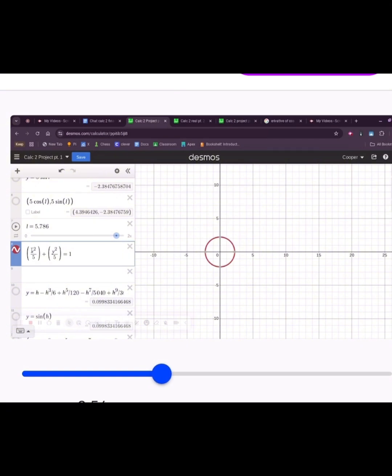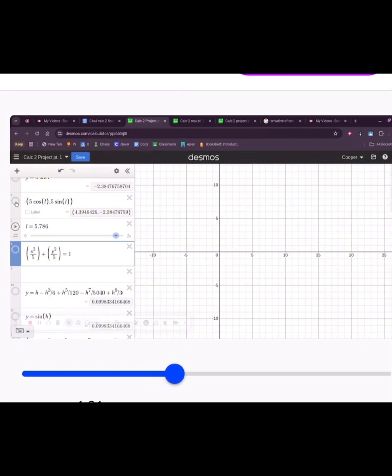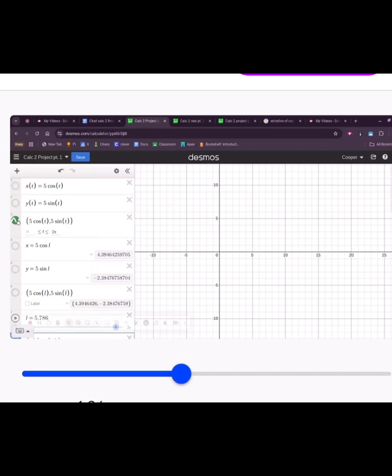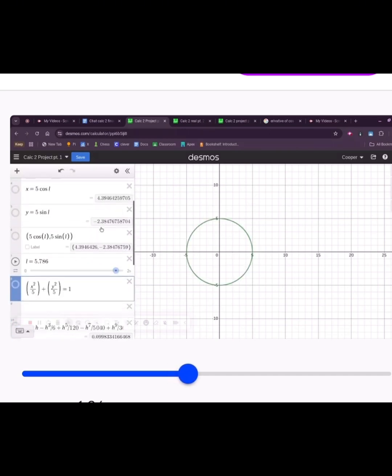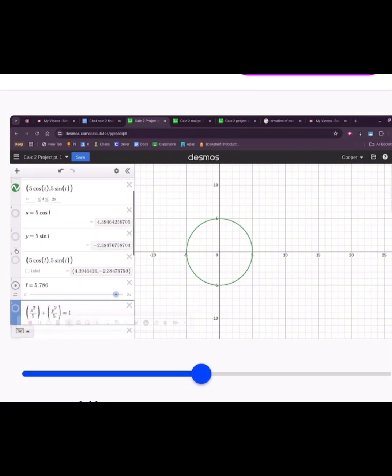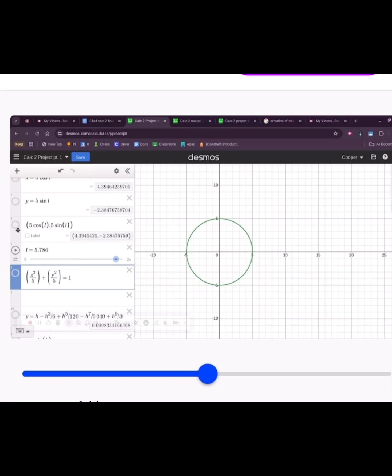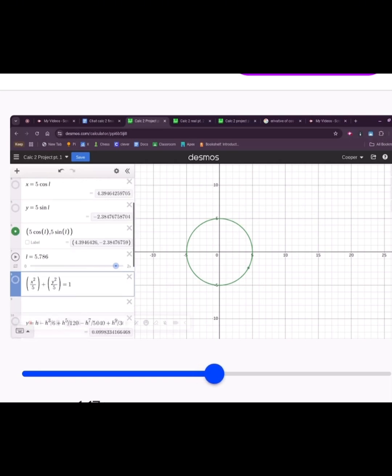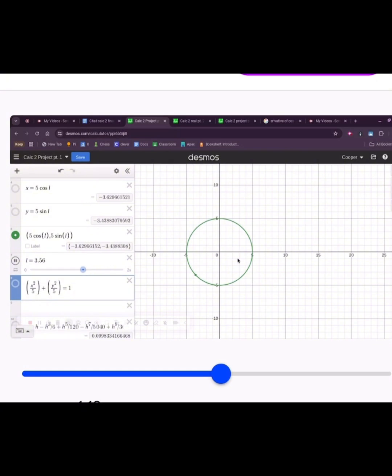So here's our graph, and I just used this little way that Desmos likes to show it, to show the exact same thing. Where's the point? There we go. We can show how, as we increase time, what the relation between the x and y coordinate is.